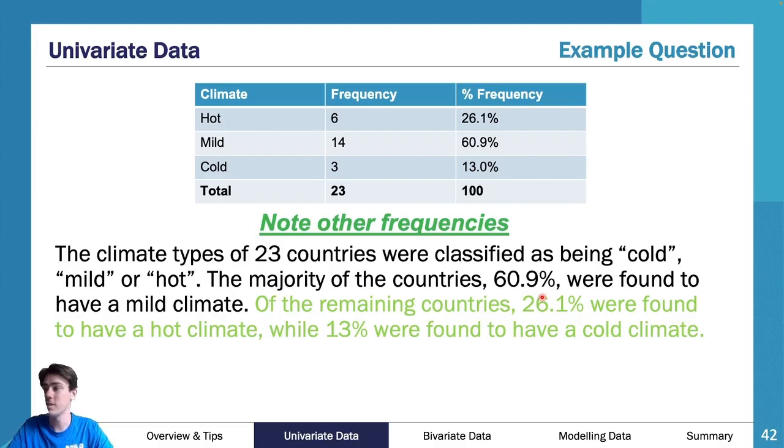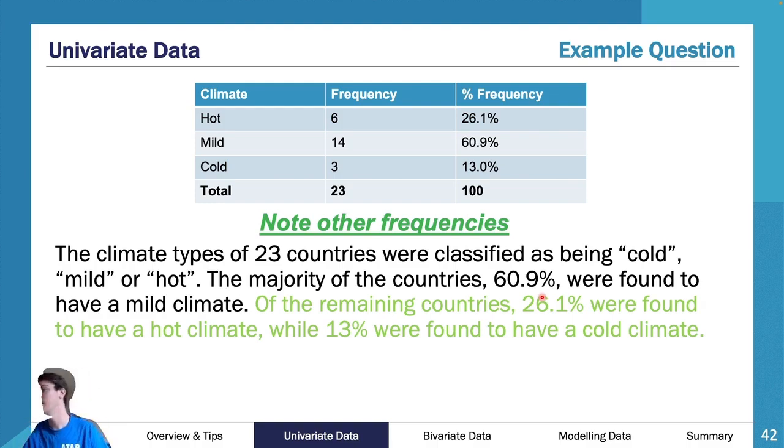And then we've got our other pieces of information. So note other frequencies. Of the remaining countries, 26.1% were found to have a hot climate, while 13% were found to have a cold climate. So it's just commented on the other frequencies. Now, this table might have been much larger. There might have been 8 categories or something. If it's much larger, you don't need to comment on every single one, just ones of note.